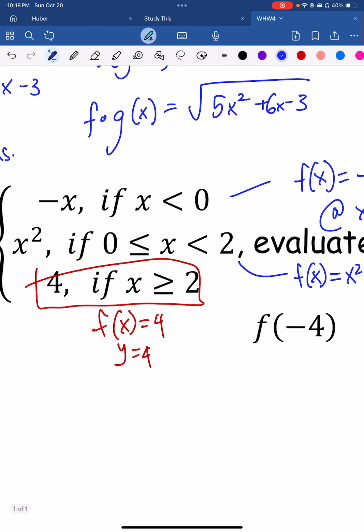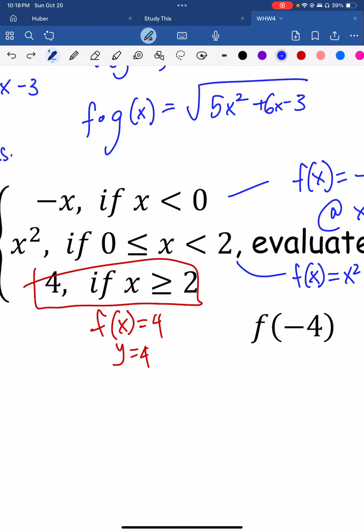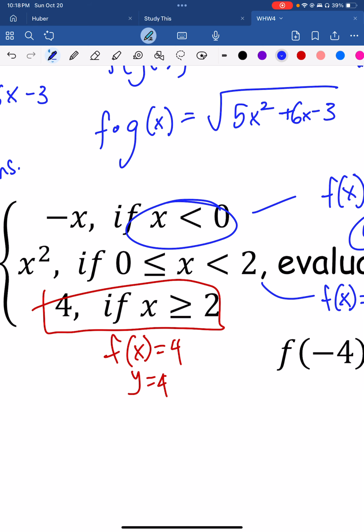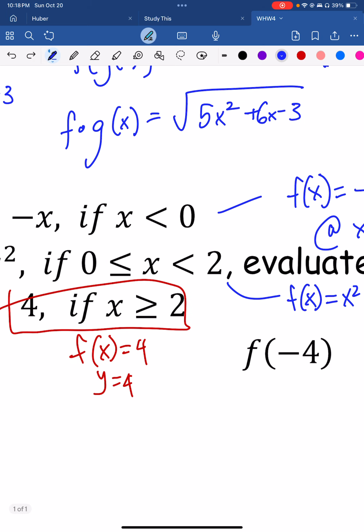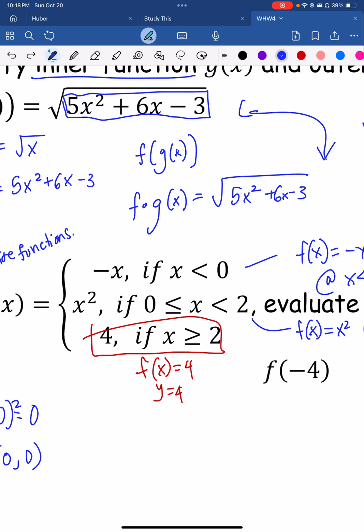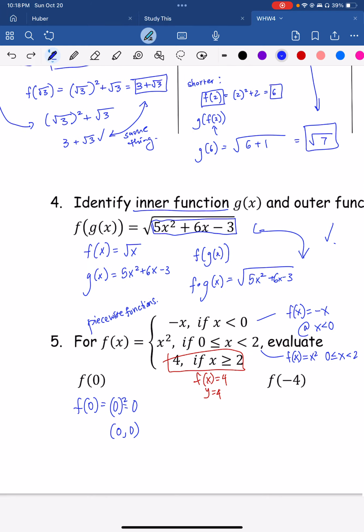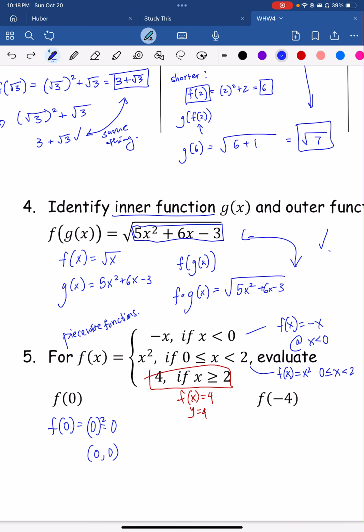Now f of negative 4 is not a number explicitly, but I know that negative 4 is less than 0. So I know to use this equation for my f of negative 4 because it's again asking in the whole piecewise function, which is just f of x, what is f of negative 4?